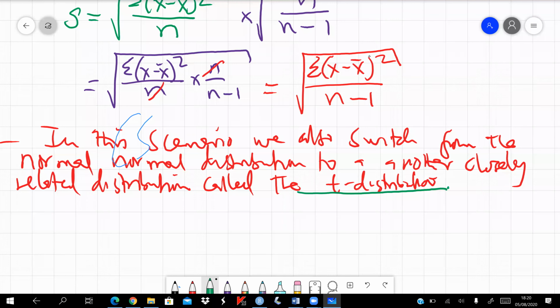And we're saying that this t distribution is very closely related to the normal distribution.